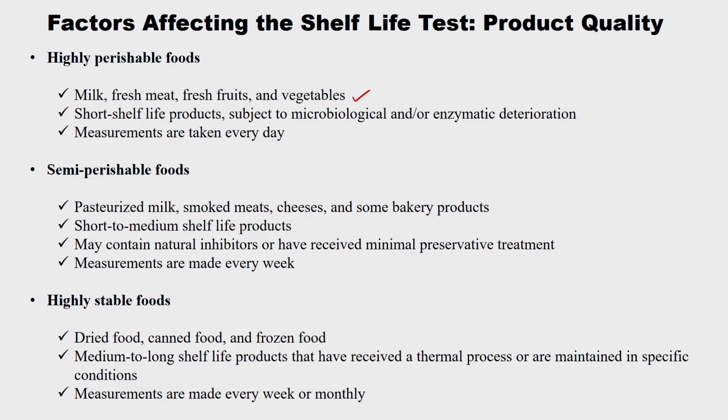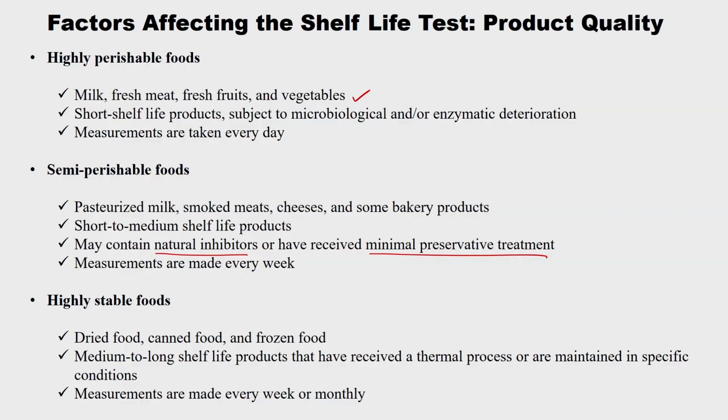So, to increase the shelf life, they may have some natural inhibitors or some preservatives, so that can extend the shelf life of the products, and the measurements have to be taken every week. The shelf life may be a maximum of 3 weeks, so the measurements have to be taken every week. Since they have natural inhibitors or preservatives, we need not check the quality then and there.